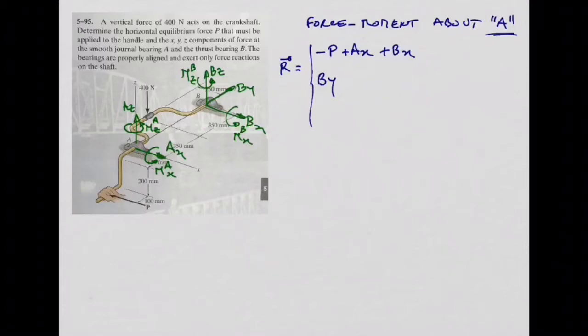What else do we have in the Y direction? Nothing else. Now Z direction. AZ minus 400. What else? Plus BZ. Anything else? No. So this is the resultant of the forces in our equivalent system force moment.